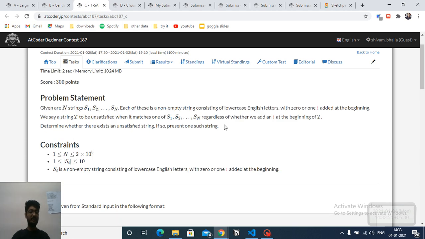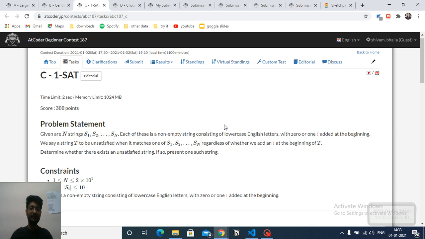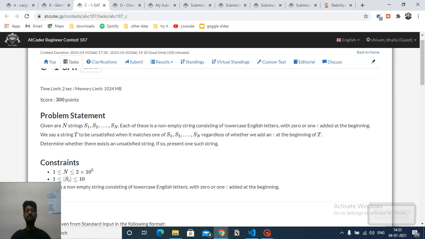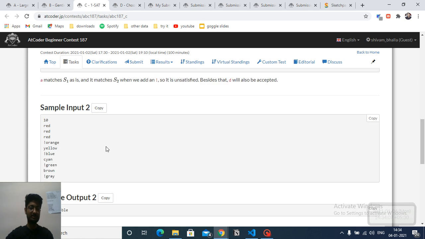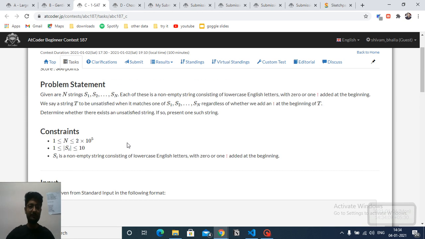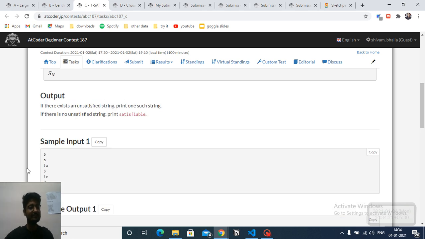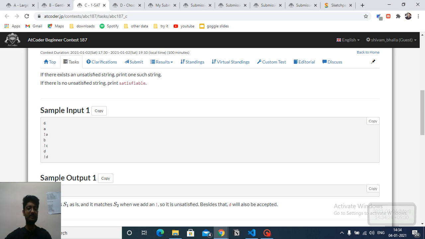You're given n strings. As you can see, these are the strings, and for each string, it either has an exclamation mark in front of it or it doesn't. Then you have to find out whether there is a pair in which, if you remove the exclamation mark from the string which has it, the two strings become the same. What I mean by this is, as you can see here, there is a pair A and !A in which if I remove this exclamation mark, both strings become the same.